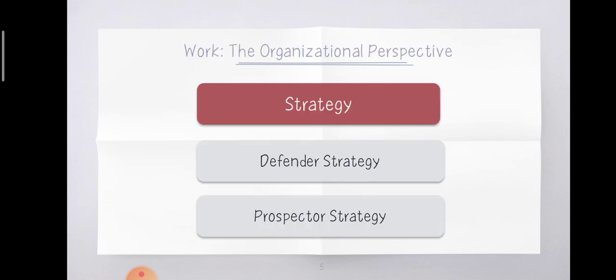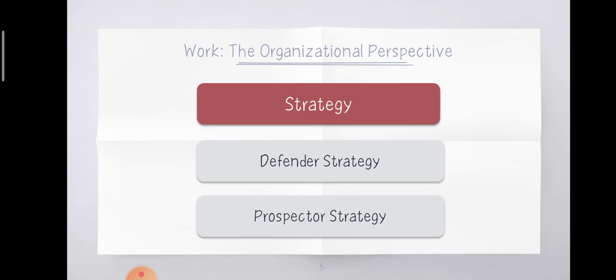Under a defender strategy, work can be efficiently organized into a structure based on an extensive division of labor, of course, with hierarchies of jobs assigned to functional units such as customer service, power generation, and accounting, among others. So where is the defender strategy effective? In a stable market with a well-established product.